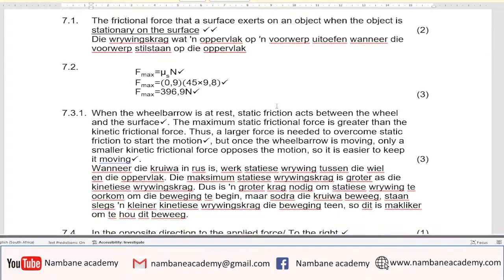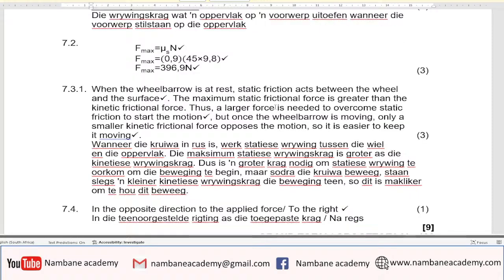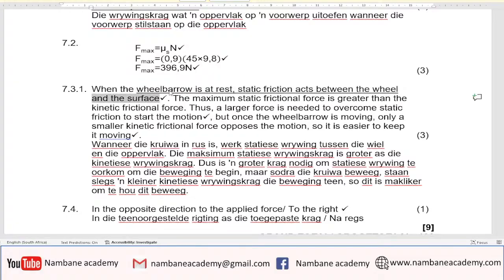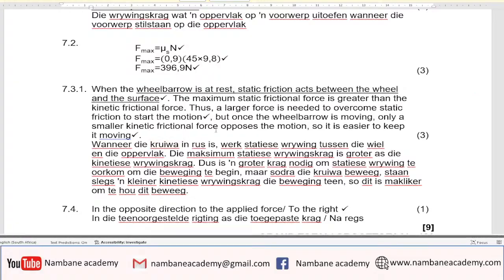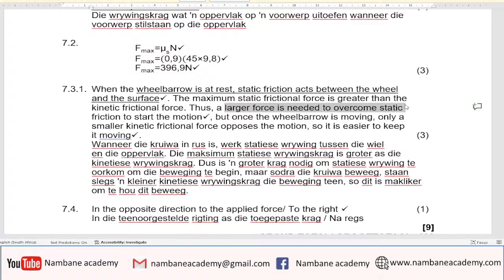7.3, the worker begins pushing the wheelbarrow, but it does not move. He pushes harder until it suddenly starts moving and then finds it easier to keep it in motion. 7.3.1, explain using your knowledge of friction why it was harder to start moving the wheelbarrow than to keep it moving.